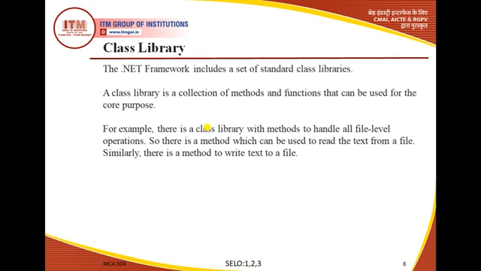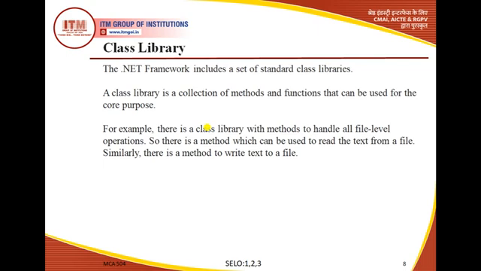A class library is a collection or a group of methods and functions that can be used for a core purpose. Generally a class library is meant for overall common purpose, and it is a collection of different methods and functions.